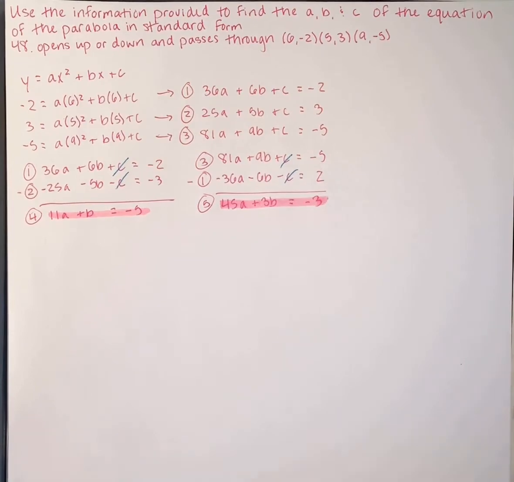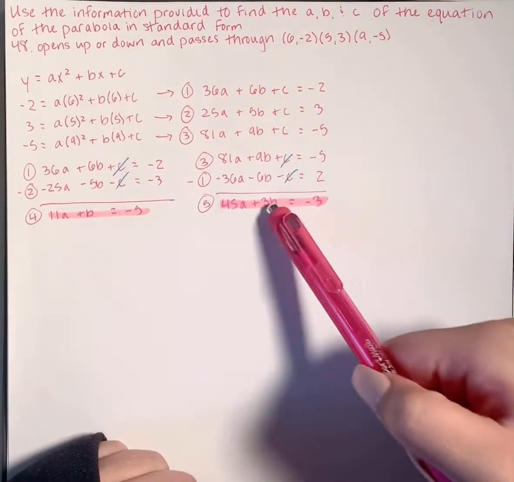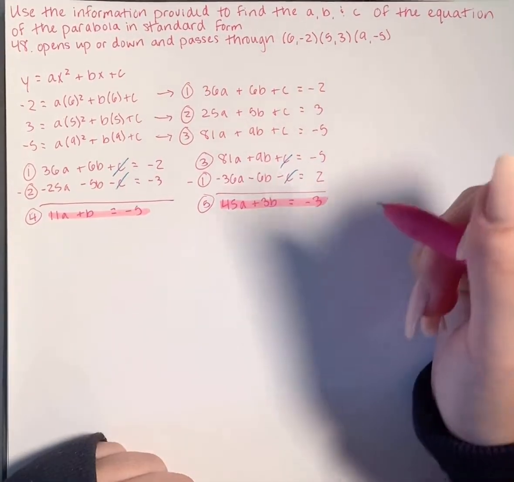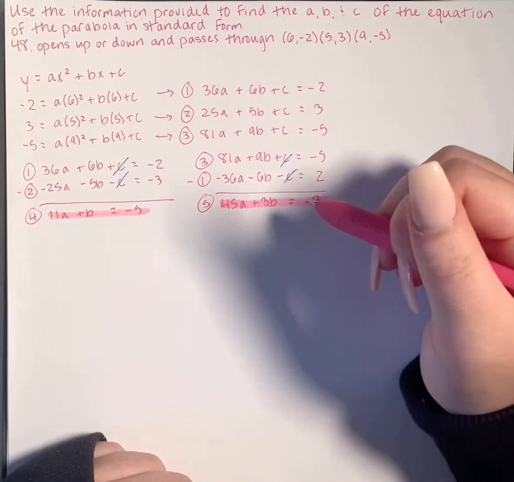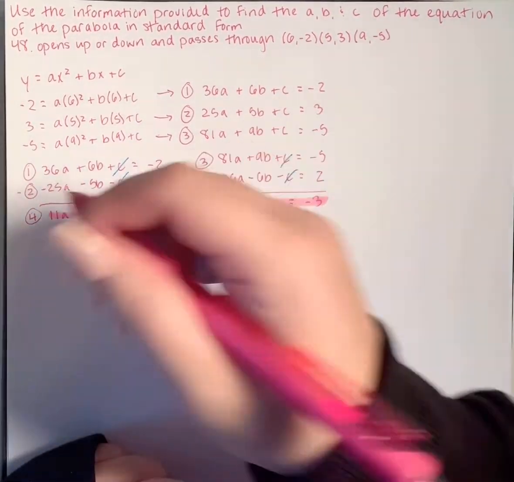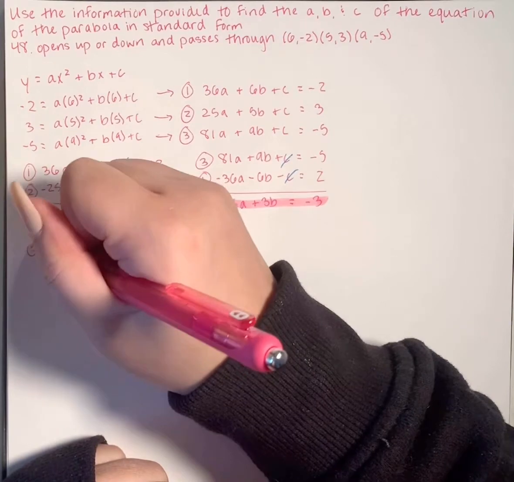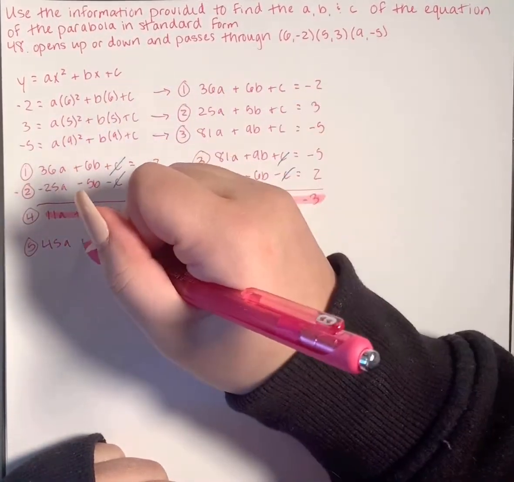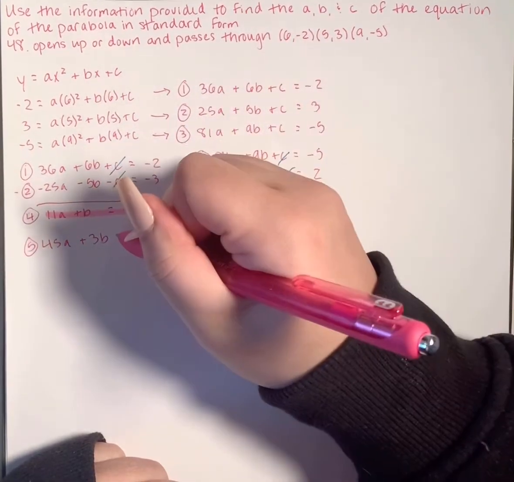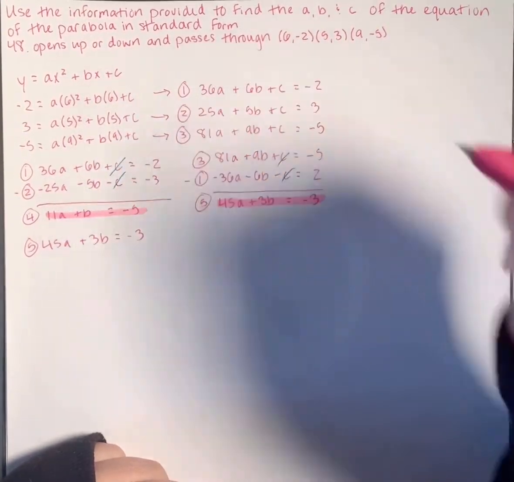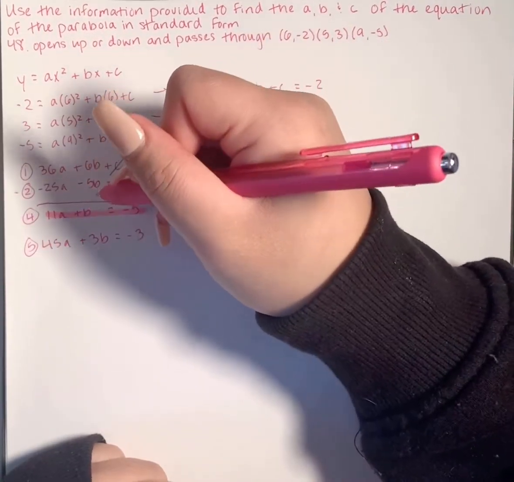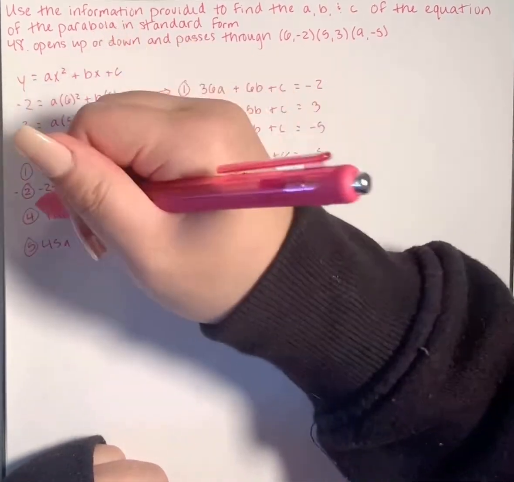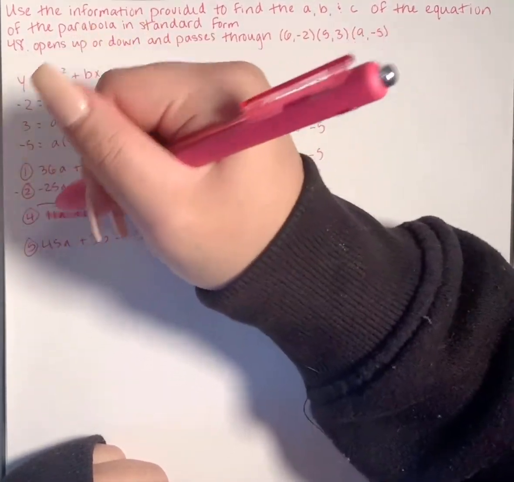So now we're going to take our equation number 4 and number 5 and cancel out another variable. So I'm going to cancel out the b's. So I'm going to take equation number 5, rewrite it, 45a plus 3b equals -3. And then since we're canceling out the b's, we need to multiply the whole equation by -3.